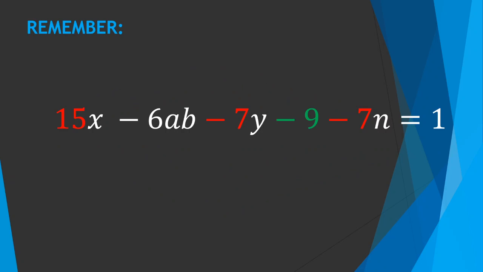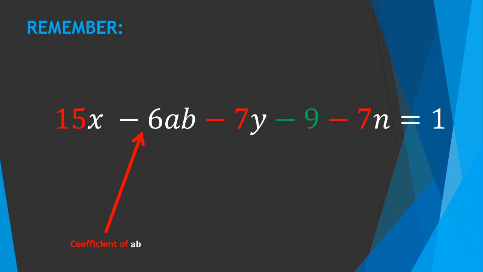Okay, same equation here. Everything pointed to in red is a coefficient. So this here would be a coefficient of AB. The other one is 15, which is a coefficient of x. The other one is -7, which is a coefficient of y.